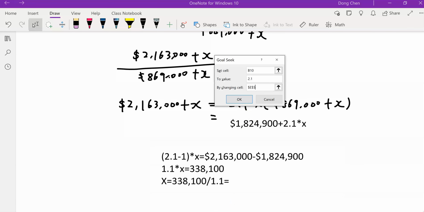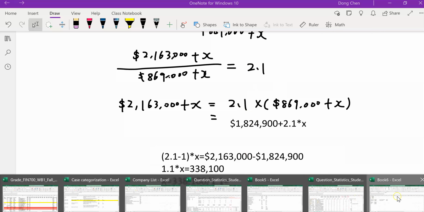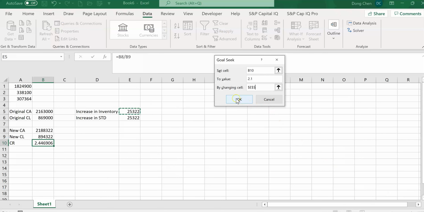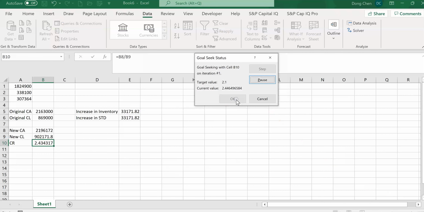Now let's go back, and once I click OK, you can see these numbers adjust. It's adjusting until this increase in inventory makes the current ratio our target.